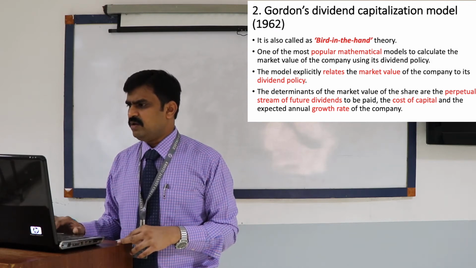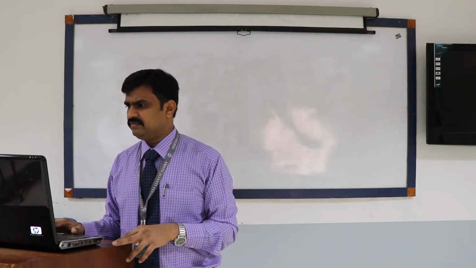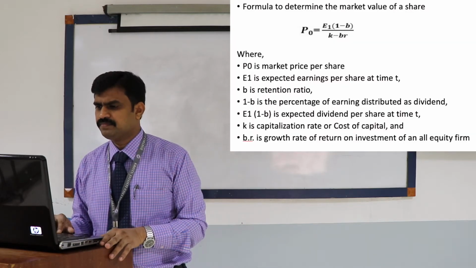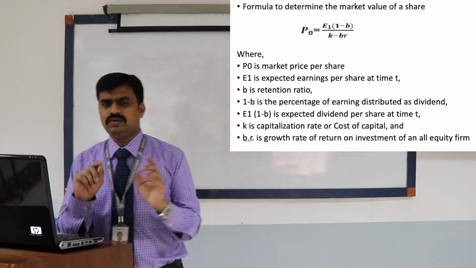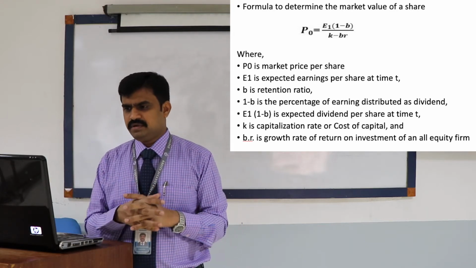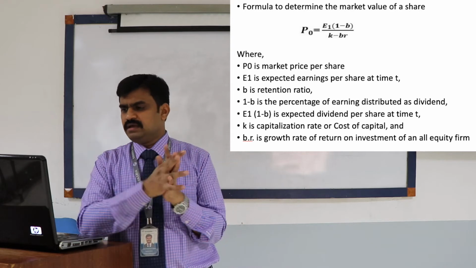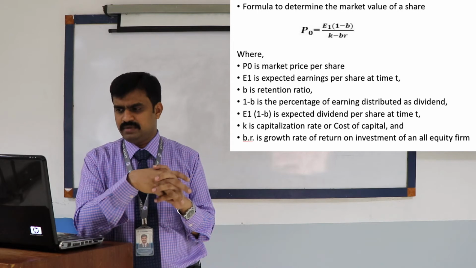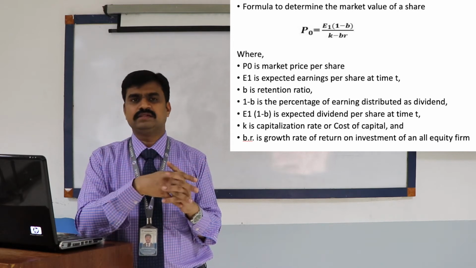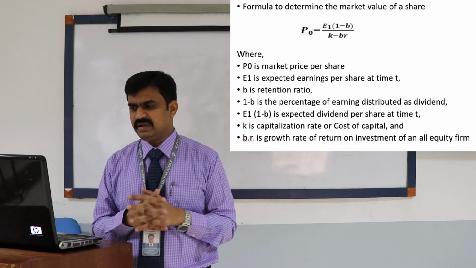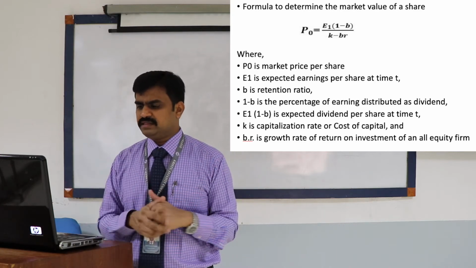The formula given to calculate the value of the firm, the market value of the share, is P0 = E1(1 − B) / (K − BR). P0 is the market price per share, and E1 is the expected earnings per share at time T. B is the retention ratio, and 1 − B is the percentage of earnings distributed as dividends.